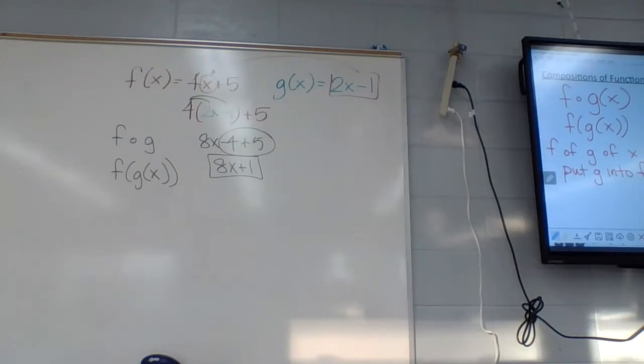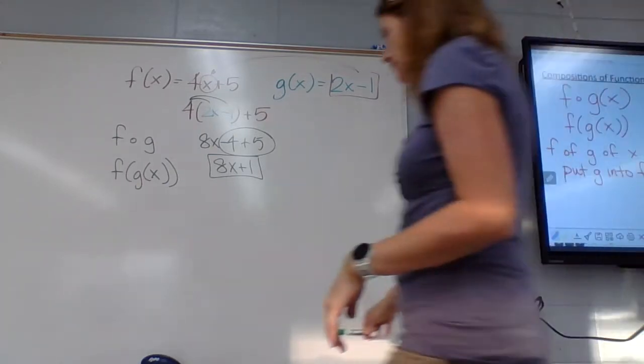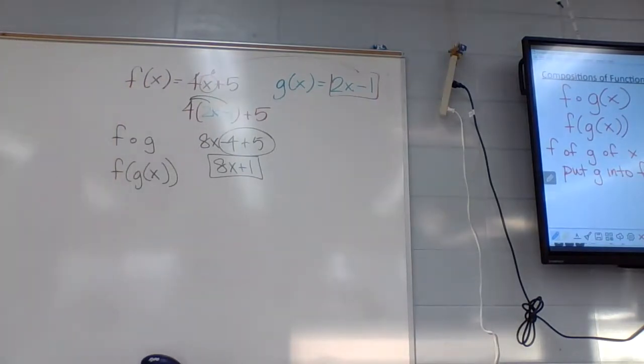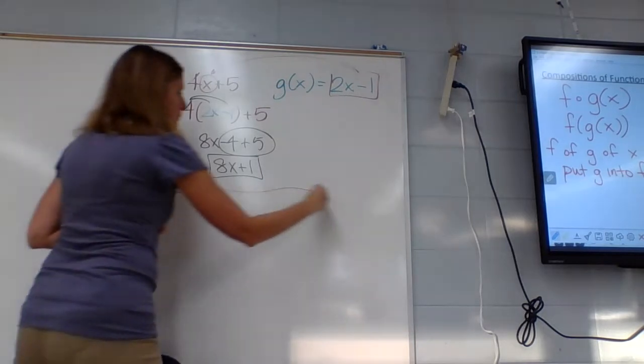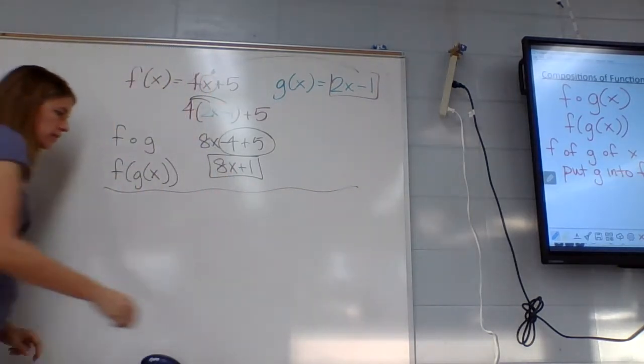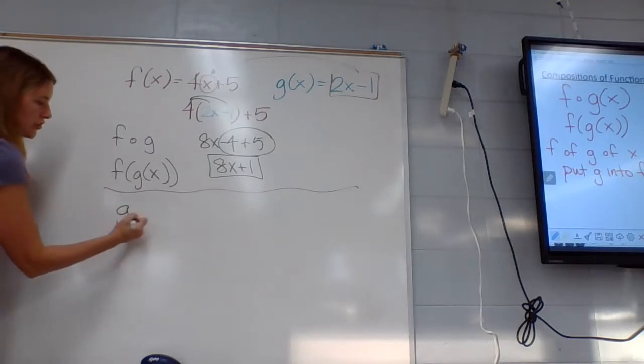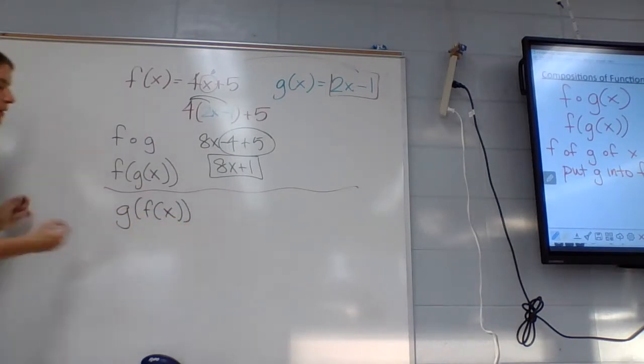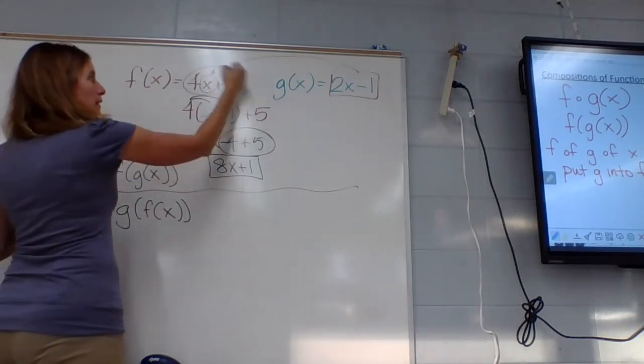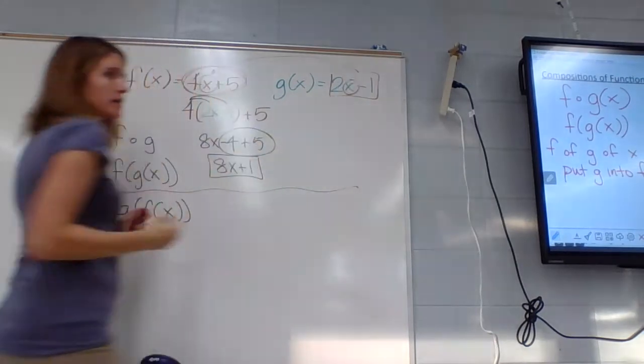They could also ask me to go the other way and do g of f of x, and so then I flip it. The ones I did on here are a little more complicated, so I thought I'd start with an easier one. So again, if I asked you to do g of f of x, it would go the opposite way. So this whole thing would go in place of the x.